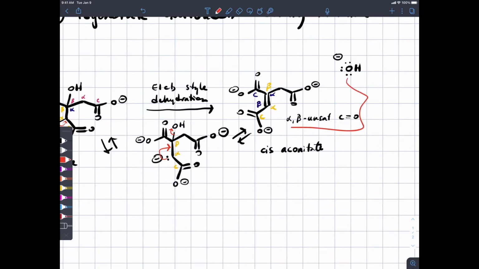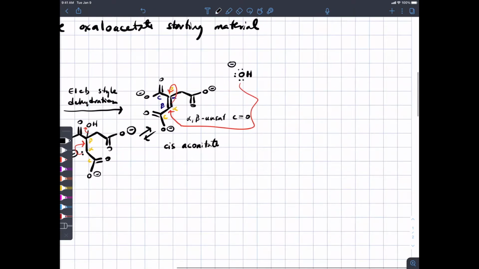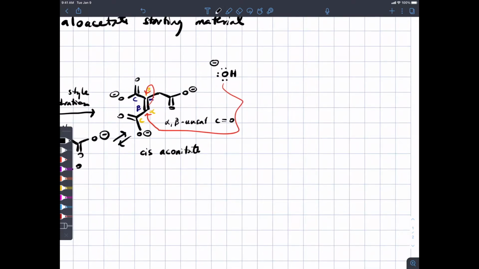So attacking the blue beta carbon, electrons would need to move up onto the blue alpha carbon as an enolate. And that would give us this intermediate, with an OH group on that carbon.